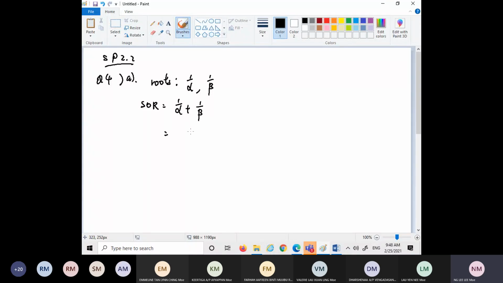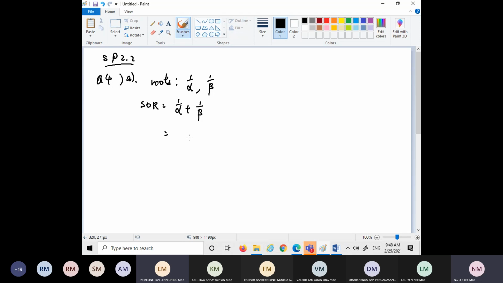So what are you going to do? Don't know, teacher. I repeat my question. You see, fraction plus fraction. I'm going to combine these two fractions. They have different denominators. So what am I going to do?